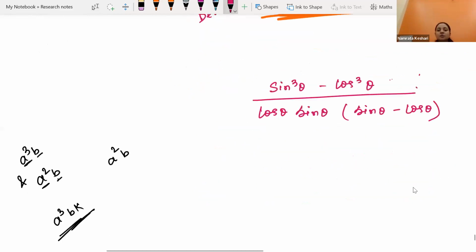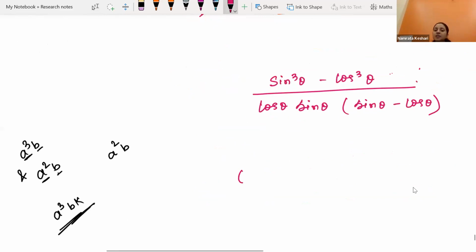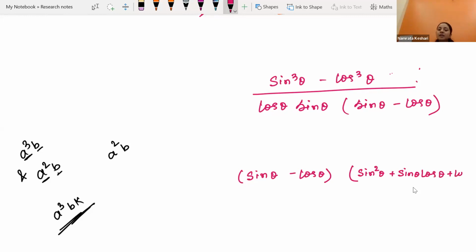Okay, let's continue. a minus b in one bracket, in another bracket a square plus ab plus b square, over whatever was there.